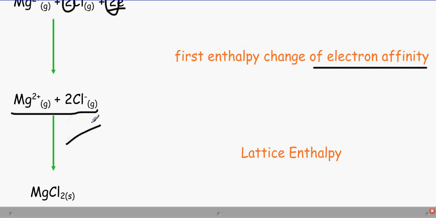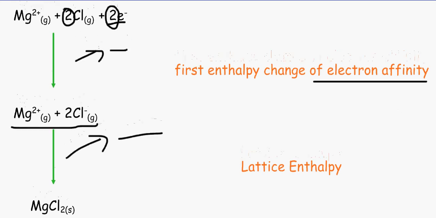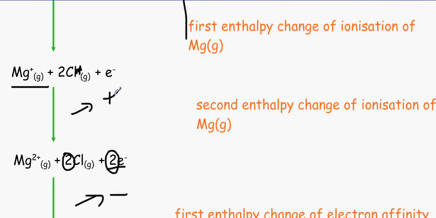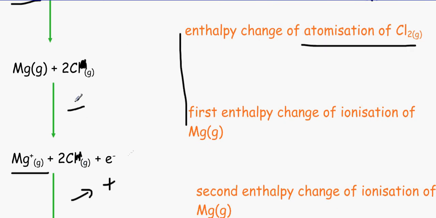This lattice enthalpy will be negative, as I've said. The first electron affinity would be negative as well. This over here will be positive, and this over here will be positive, and that over there will be positive.